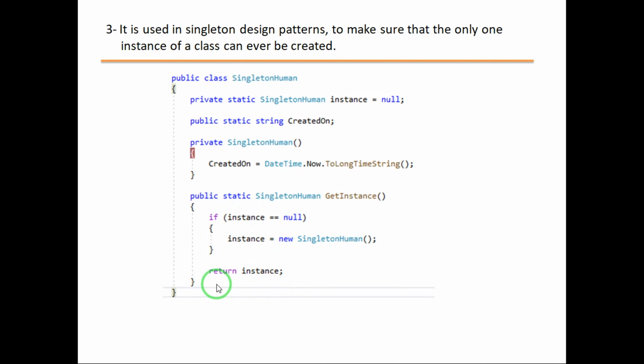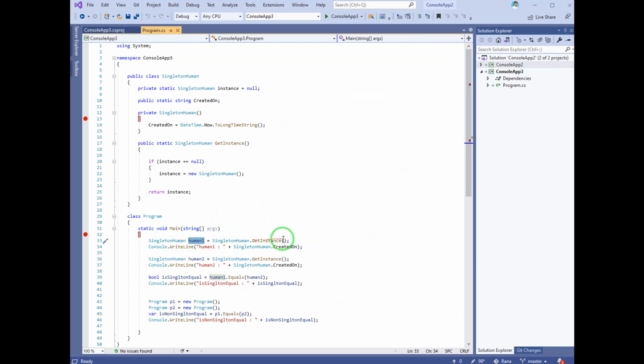So let's flip to Visual Studio and see how it's working. In the main method, we are calling SingletonHuman.GetInstance. Because this is a static member, we can directly call it by the class name, and this returns us the instance of the SingletonHuman class. So just run it.